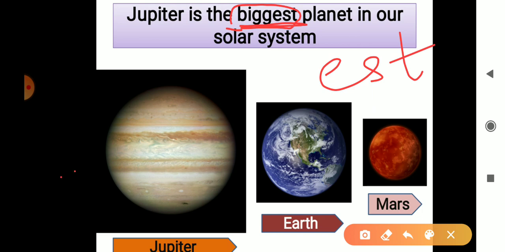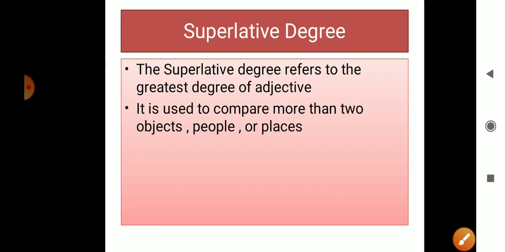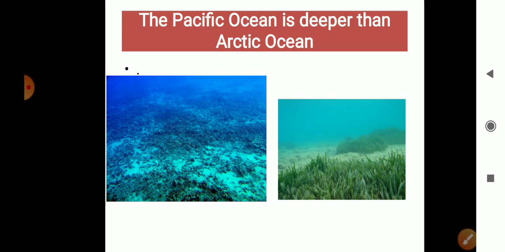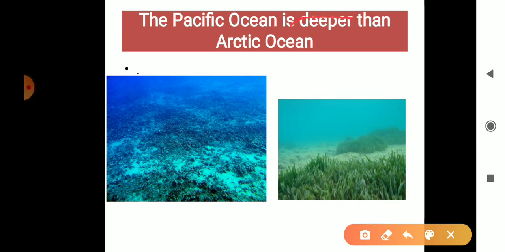And what do we use for the comparative degree? In the comparative degree we used deeper, ER. ER we use in the comparative degree, and then the word than: who is bigger, who is greater than what.